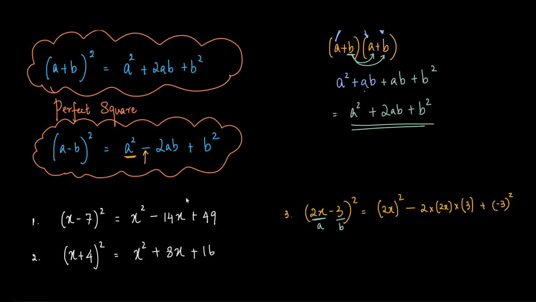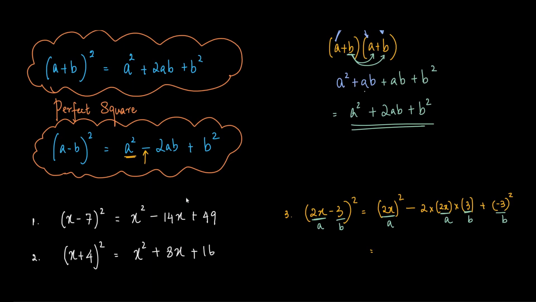So a minus b squared is a squared minus 2 times a times b plus b squared, right? So 2x is a, 3 is b. I've just replaced a's and b's with their corresponding values according to this question. Okay, so now I'm going to simplify this.